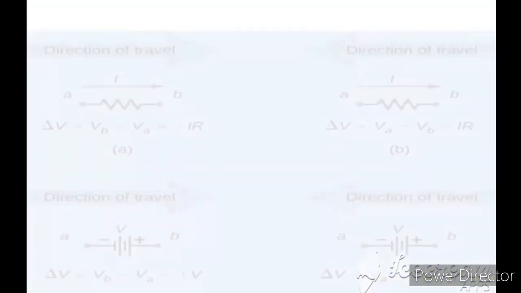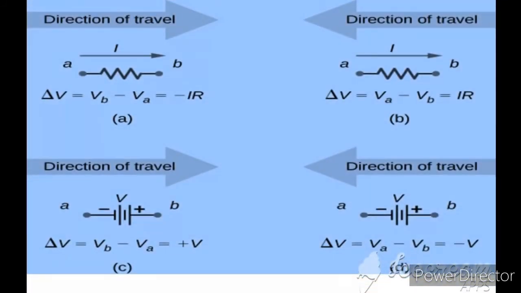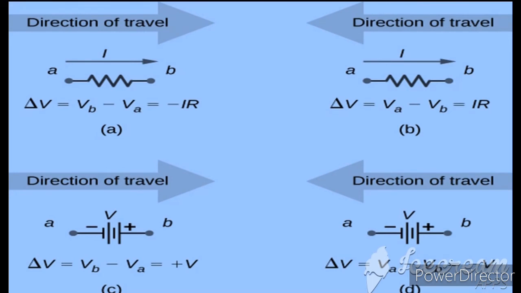Before that, let us just know what the direction of travel is and how you denote it. So first let us consider the first diagram. If the direction of travel is from A to B, so this is the direction of current.